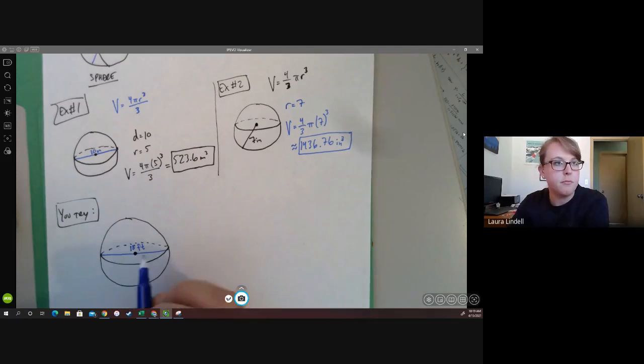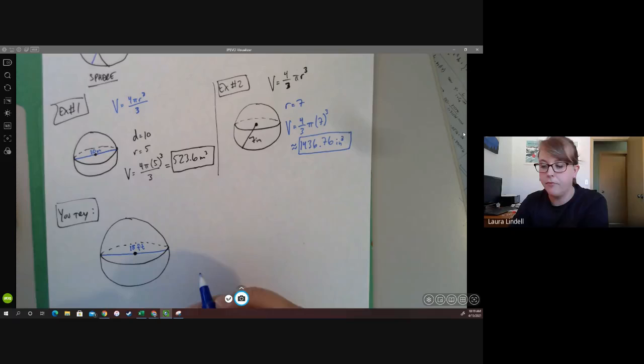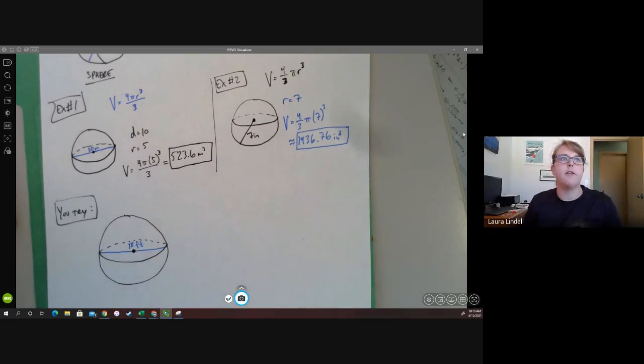And here we are told that this measure is 18 feet. Go ahead and find the volume. When you think you've got it, type "got it" in the chat.